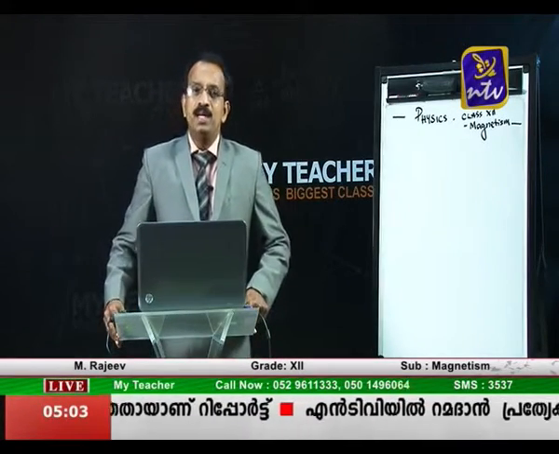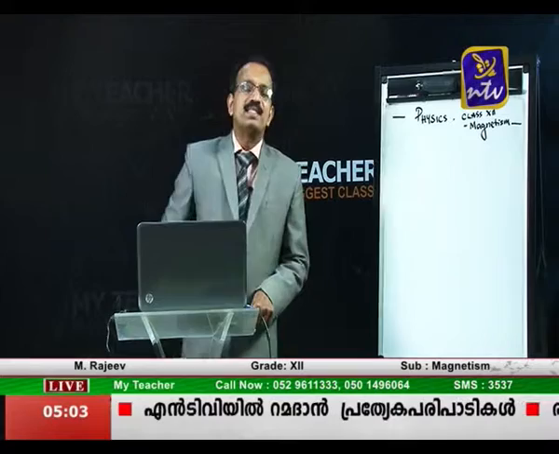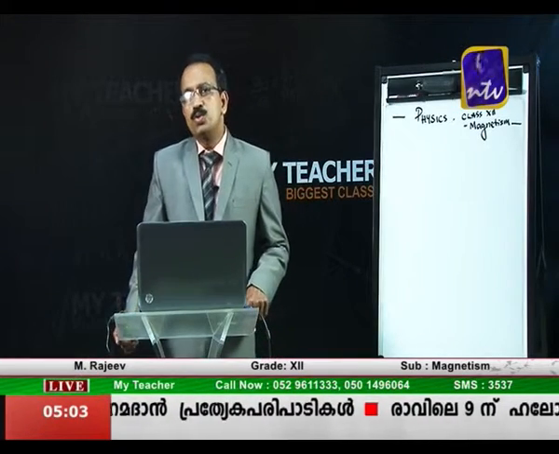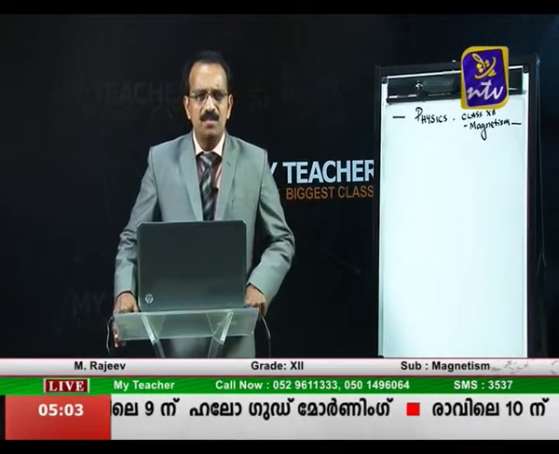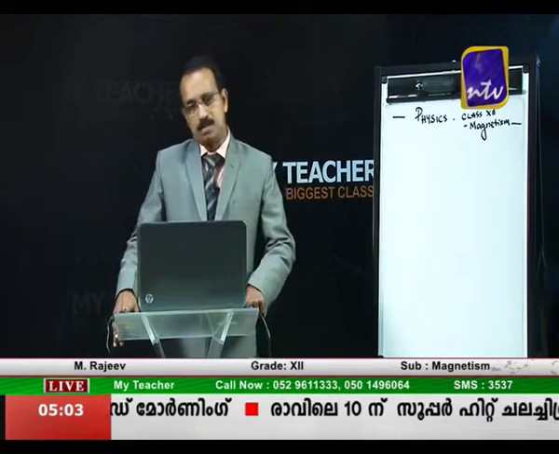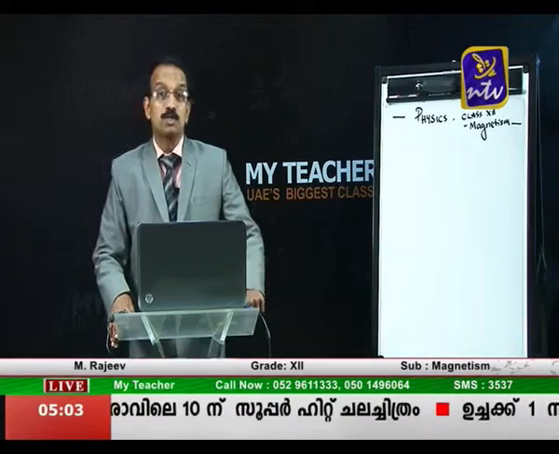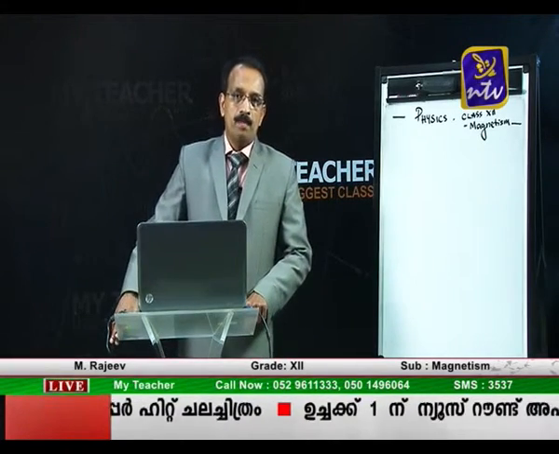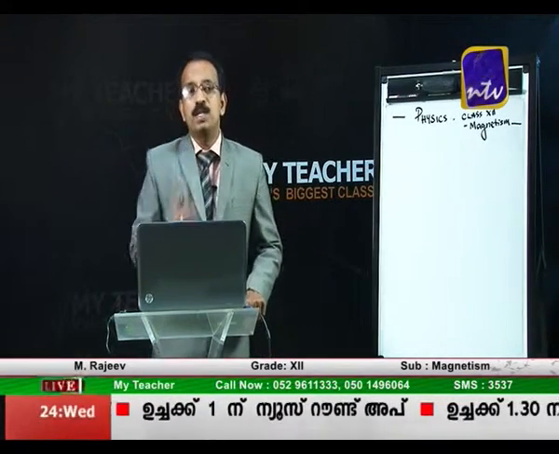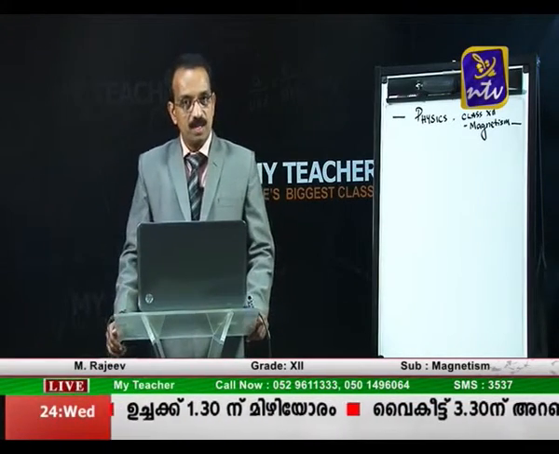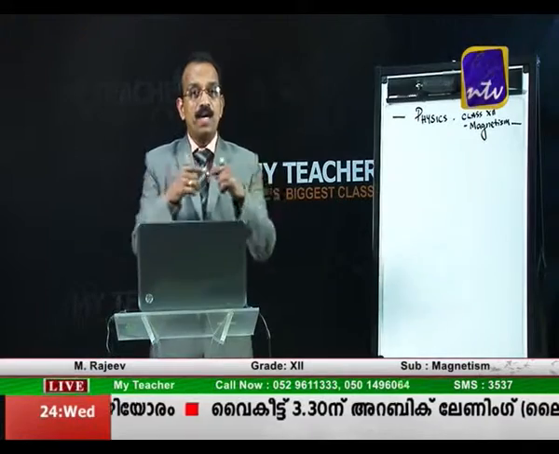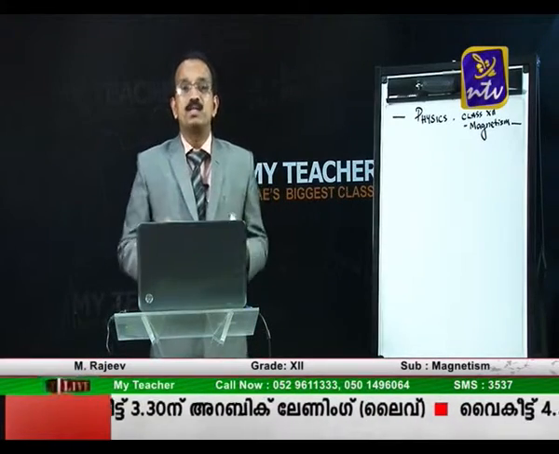In fact, magnetism basically arises due to the spin motion of electrons. That's a very basic thing we should have an idea about. Spinning electrons, we treat as an atomic magnet. We say it's a tiny magnet. But of course, if there are paired electrons, those atomic magnets will cancel off their effects.